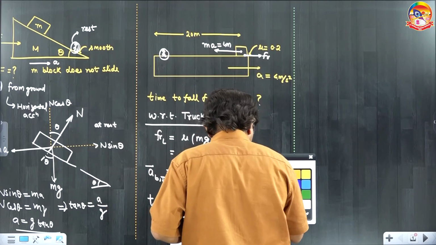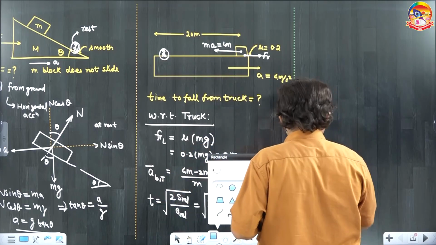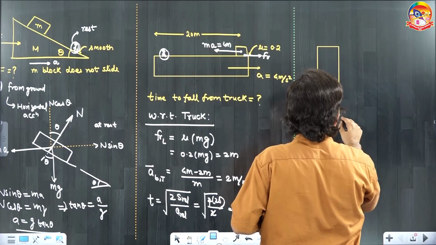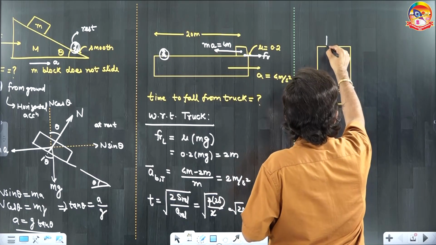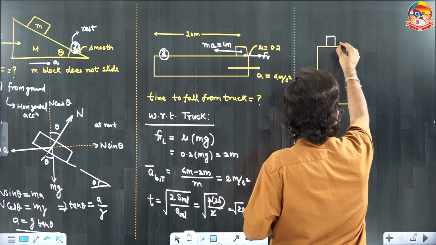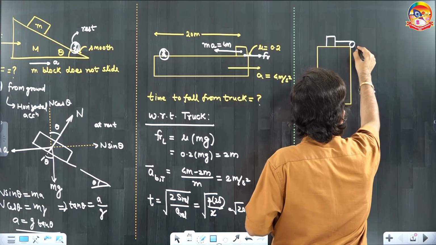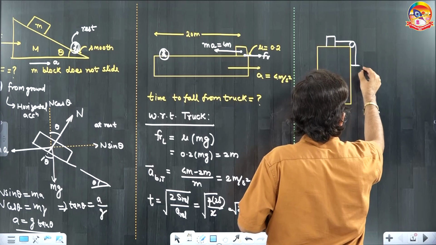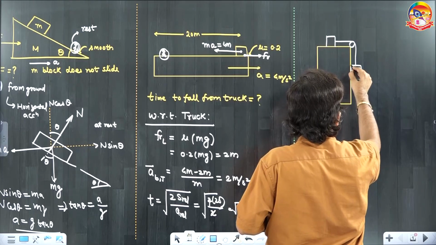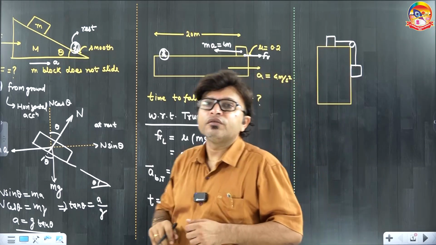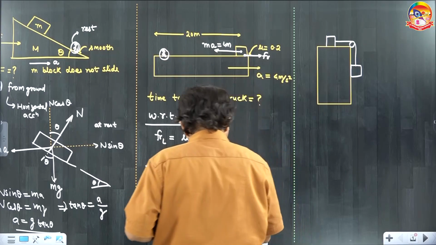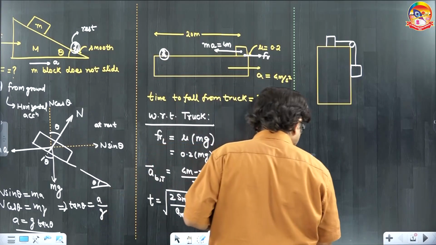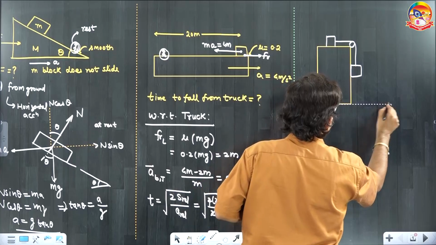Suppose there is a trolley. It has one block here and another block here. See, I am dealing from the perspective of the questions which can be asked in the final NEET exam.